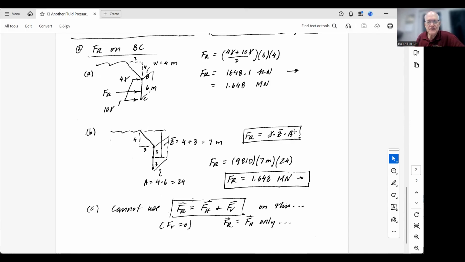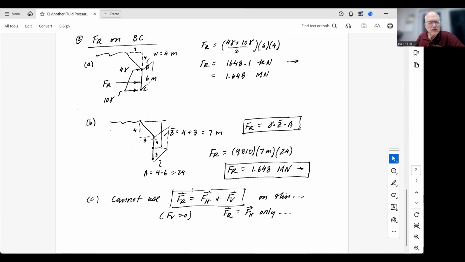We can use the gamma Z bar A formula. And so for this vertical section, the Z bar is the middle of this plate, which is 4 plus 3, so Z bar is 7. The area of this plate is 6 high times 4 into the board, which is 24. My gamma is 9810.